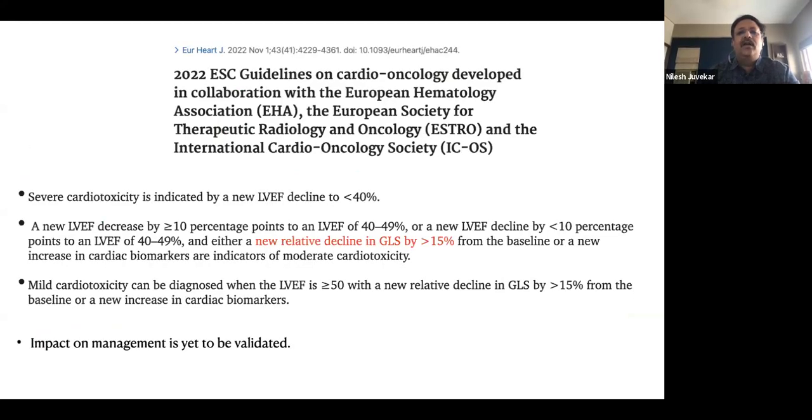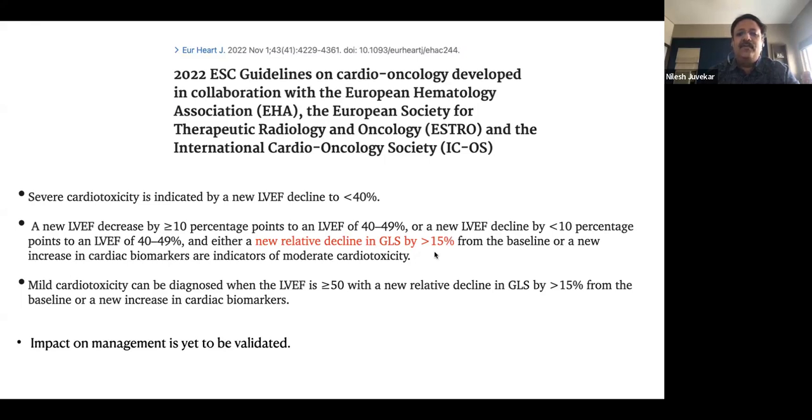Now, the 2022 ESC guidelines on cardio-oncology have added a new relative decline in GLS by more than 15% from the baseline, in addition to the other parameters about the LVEF.